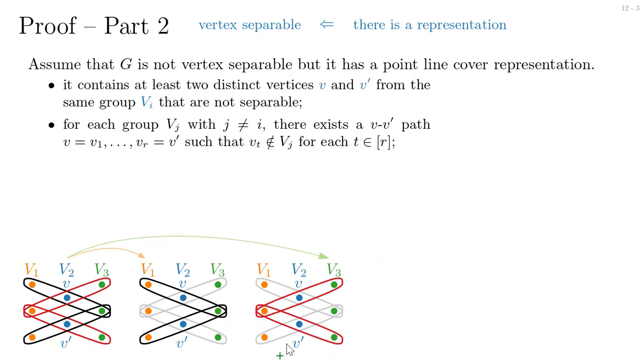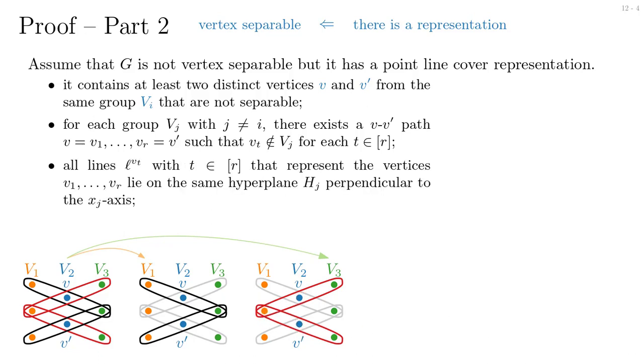In this case, for V3, there exists a path between V and V' that goes only through the first group. It means that all lines that represent the vertices in those pairs lie on the same hyperplane perpendicular to the j's axis.